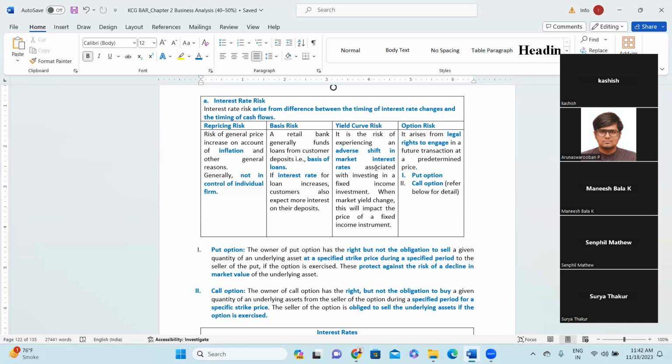If you have taken a loan, that means at the time of receipt you got the money, and until you repay it, you will be paying interest, right? So that interest which you need to pay is always subject to some price risk, right? So repricing risk is the risk of a general price increase on account of inflation and other general reasons, generally not in the control of an individual firm.